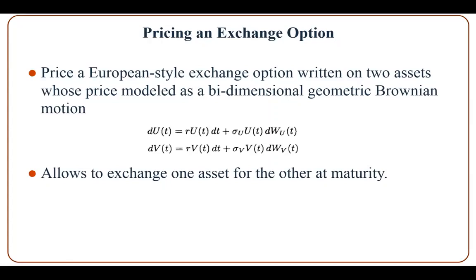The option payoff at maturity capital T is max of the asset price V at maturity minus the asset price U at maturity and 0. This allows to exchange one asset for the other at maturity.